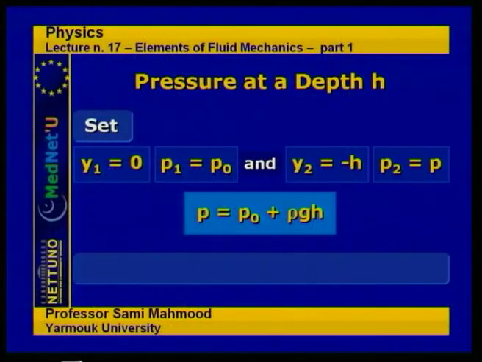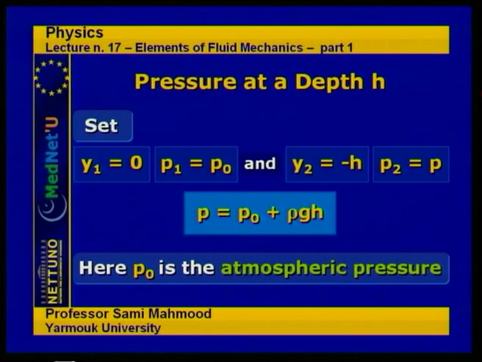So P equals P naught plus rho gh is the pressure at any point inside the fluid. It is given in terms of the atmospheric pressure P naught, which is usually known, or we can measure it directly by the barometer or whatever. Here P naught is the atmospheric pressure, which is given or can be measured.